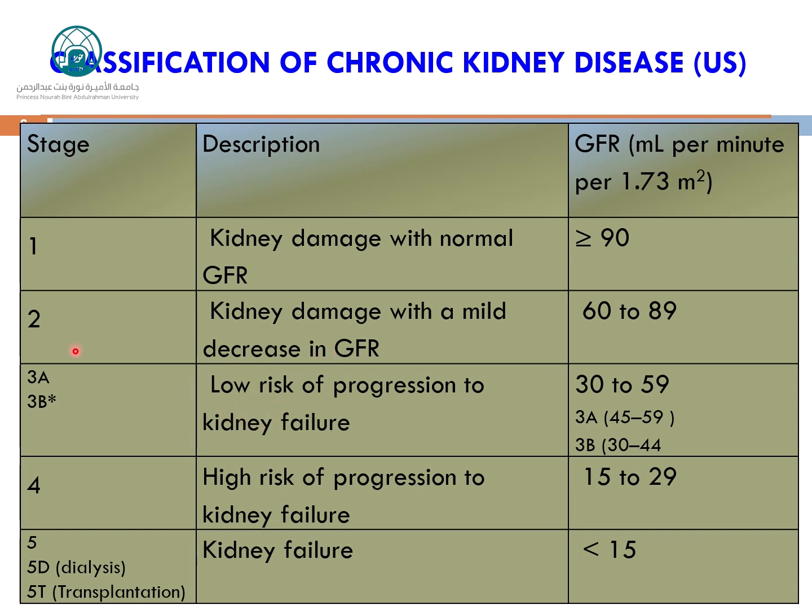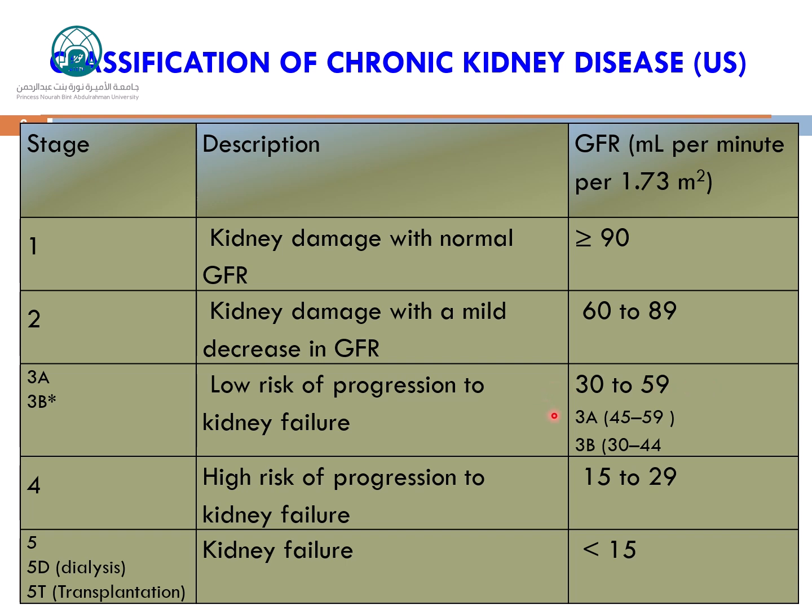Concerning the third stage of kidney disease, stage 3 is classified into stage 3A and stage 3B, where we have a low risk of progression to kidney failure. The glomerular filtration rate is decreased more, reduced to 30 to 59 milliliters per minute.